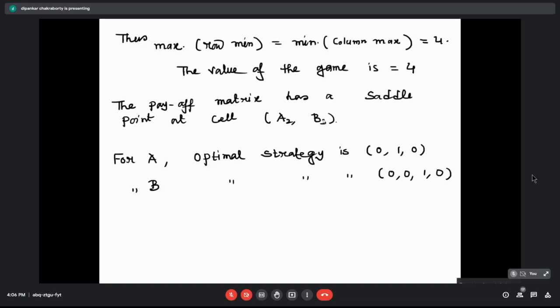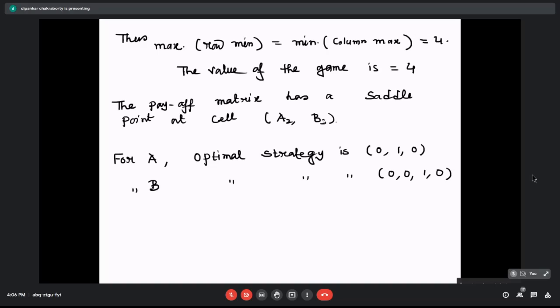Yes, sir. Okay, I'm going to take just another 5 minutes and I'm going to finish this class. But it may not always happen that the game we have chosen gives a pure strategy and a saddle point. Every game does not have a saddle point. We are going to see that, because that is the main purpose of studying game theory.